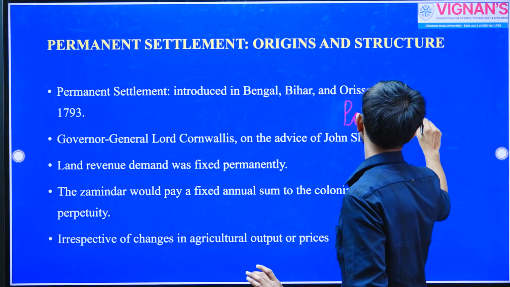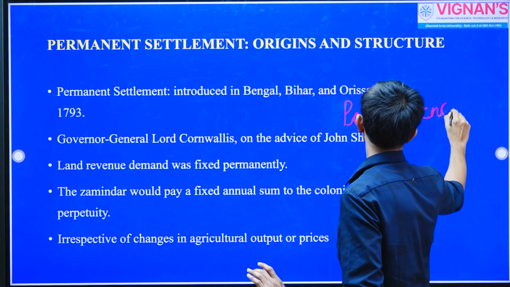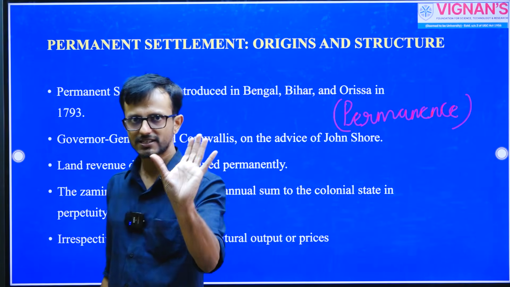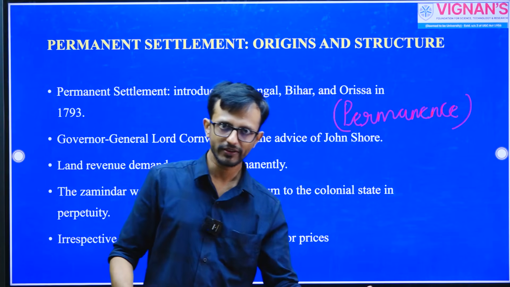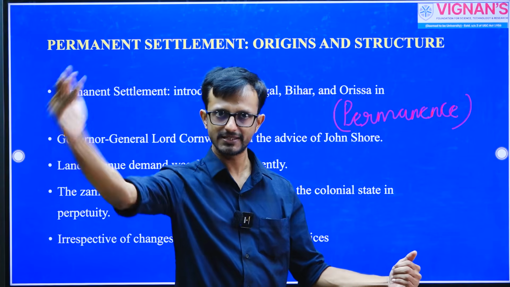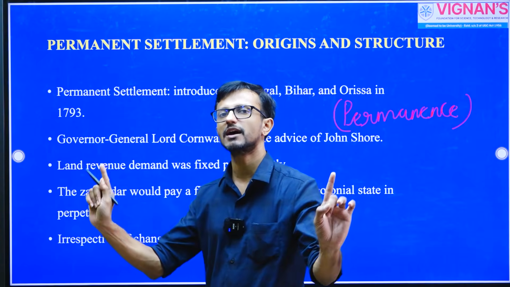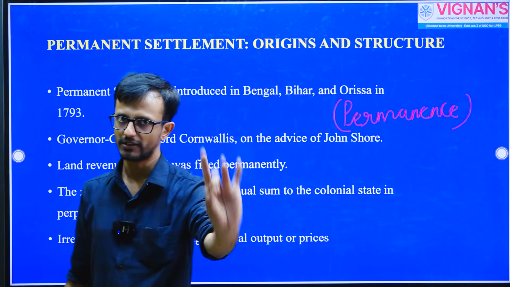That is why it's in the name itself, permanent settlement, because the revenue is fixed. You cannot lower the revenue, you cannot increase the revenue. The zamindar has to pay that fixed sum every time to the colonial state.